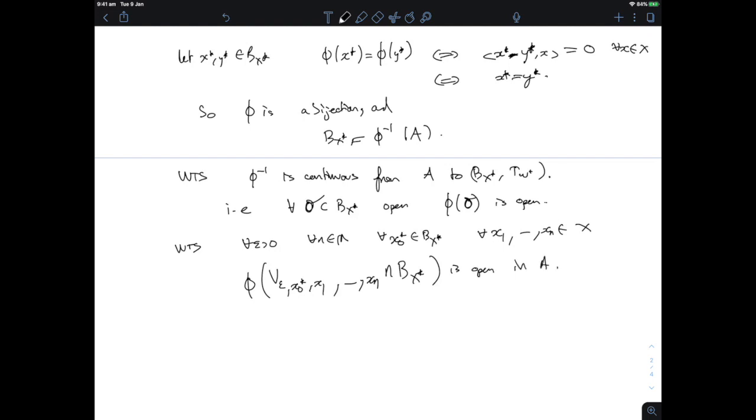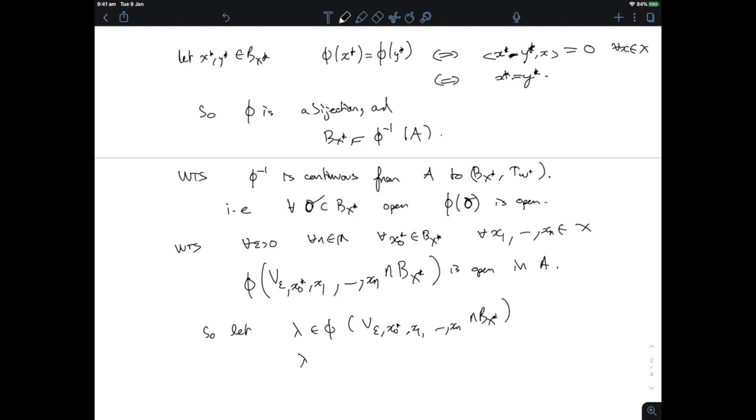Okay, so what do I need to do? I pick an element in that image. So let lambda be in phi of V epsilon x0 x1 till xn intersected B x star.